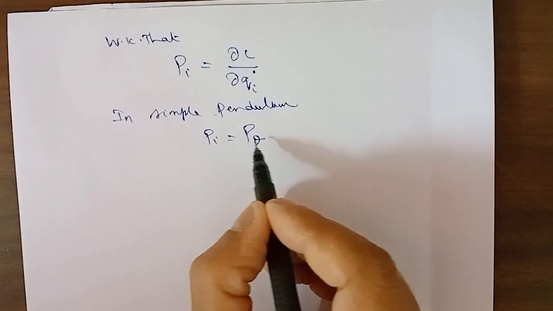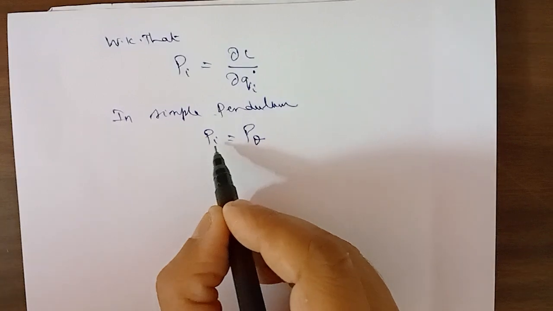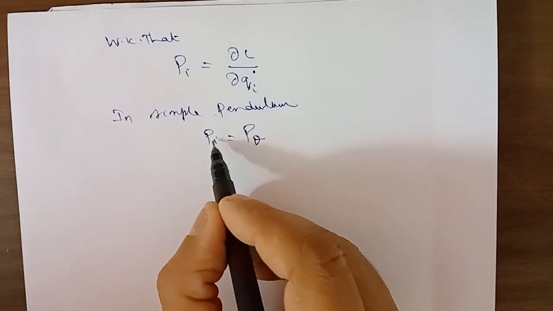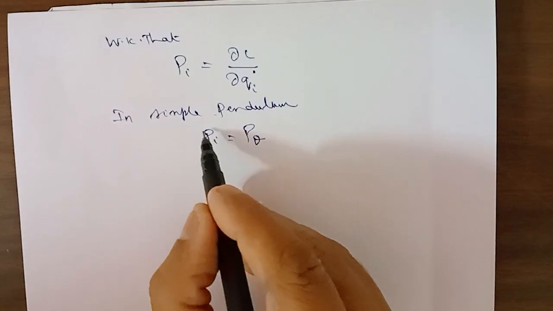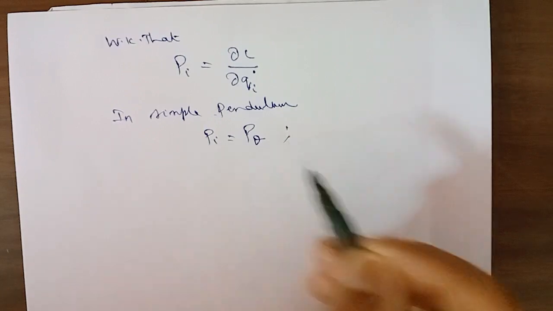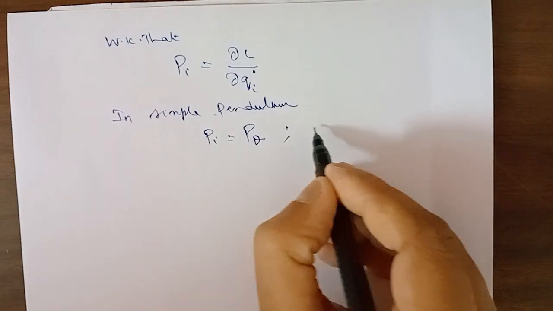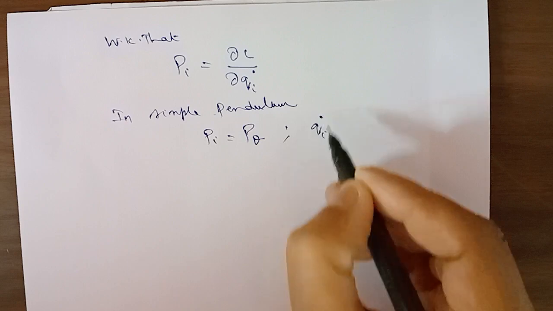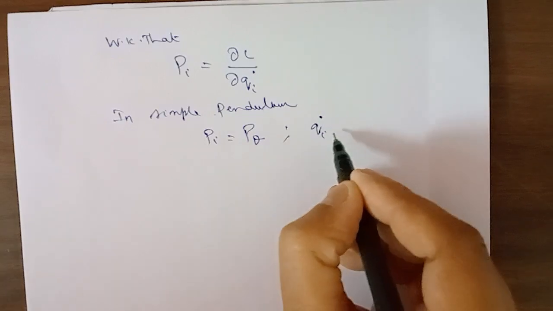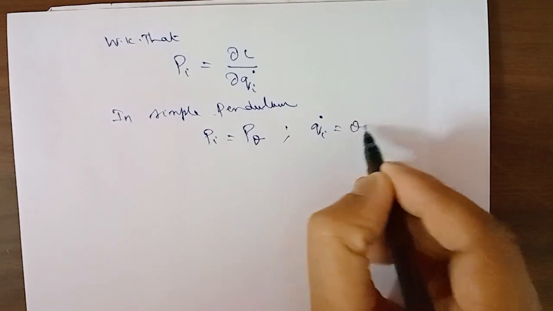With respect to theta only everything happens. Similarly, the velocity term Qi dot is nothing but theta dot.